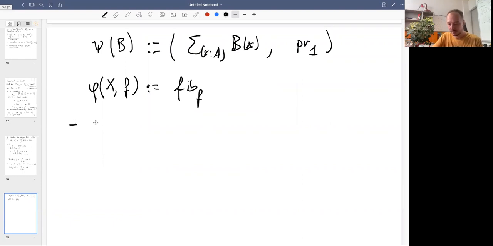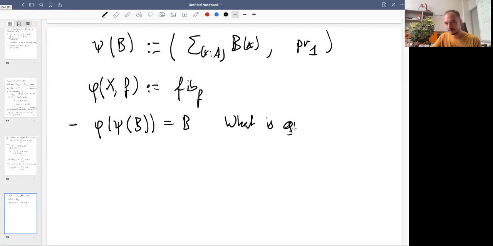Let's say we want to prove that phi composed with psi at a type family B equals B. In order to prove such an equality, we need to know what is equality in A arrow U? So we're going to prove a little lemma.